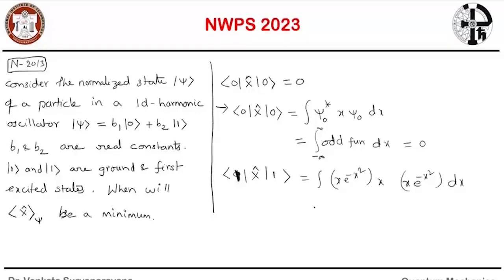Again, you see the whole function from -infinity to infinity is an odd function. An odd function with symmetric limits goes to 0. This is one way of looking at it. So let's see one more way of doing the same.